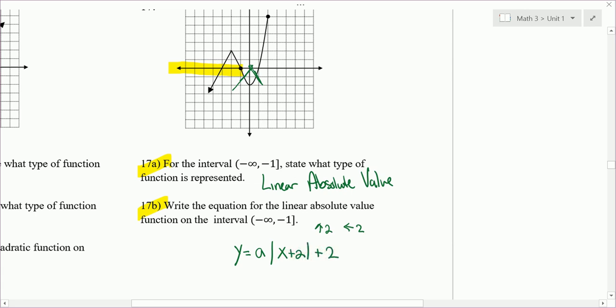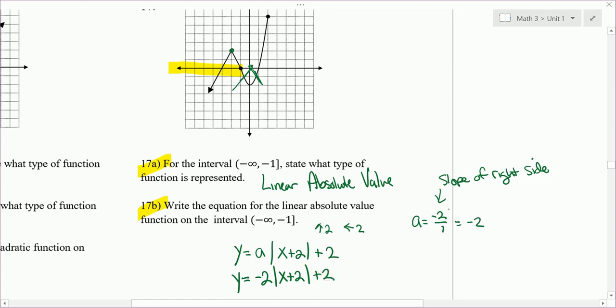And then we could see our slope of the right side is down to left 1. So a is negative 2 over 1, which is negative 2. I'm using the slope of the right side. That's a little trick we can use. And so my function is y equals negative 2 absolute value of x plus 2, plus 2.